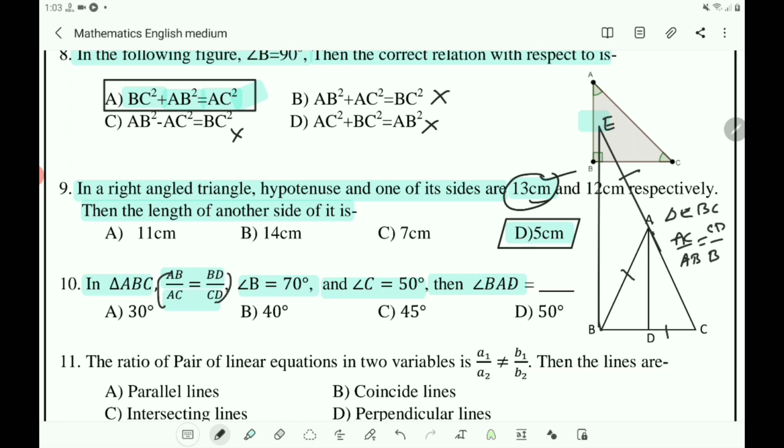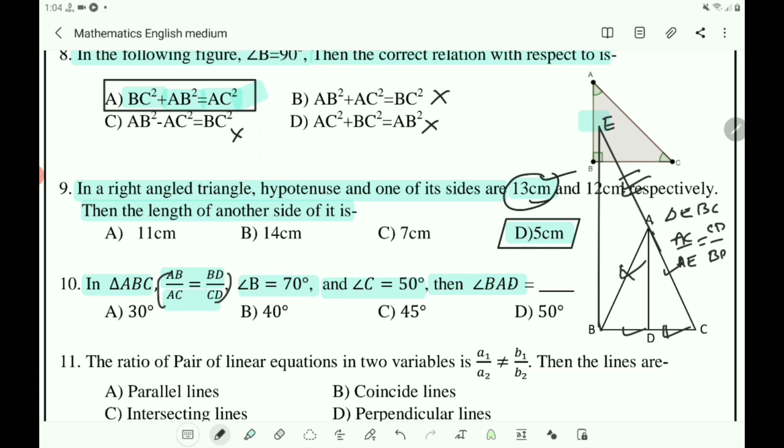CD by BD. Then in the place of AB, you take AE because these two are equal. Then here you will get AC by AE equals CD by BD.